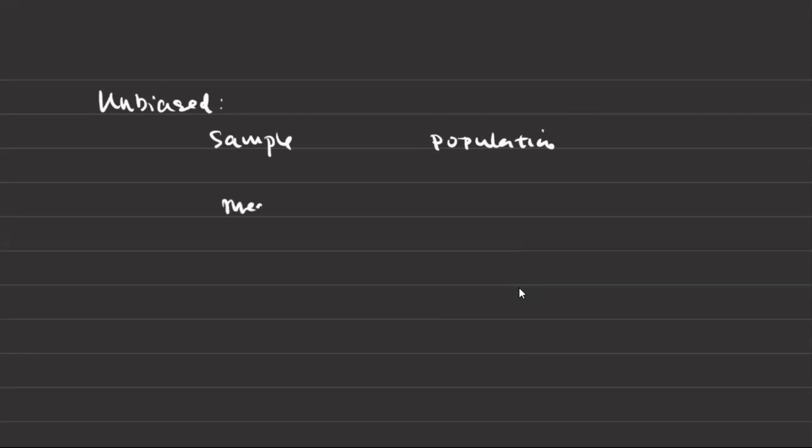Let's say the sample mean, a mean is an estimate. The population mean is an estimate. How do you know that this is unbiased? Well, if the expectation of the sample mean is equal to the population mean, then we say that this is an unbiased estimator. That's the definition, that's how it's defined.